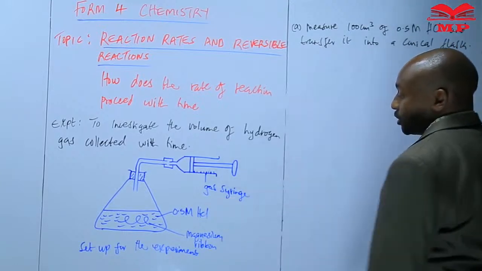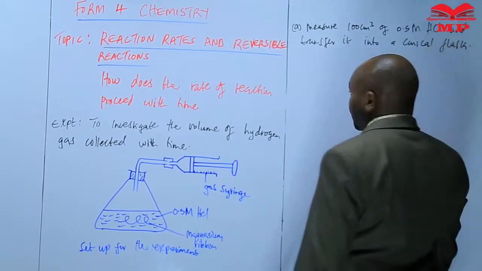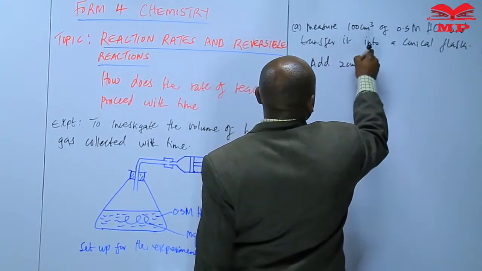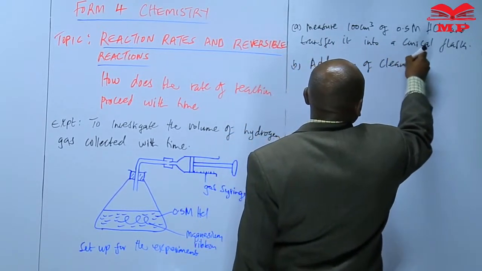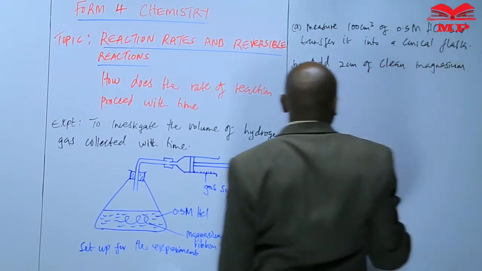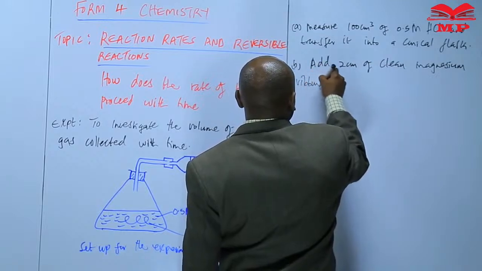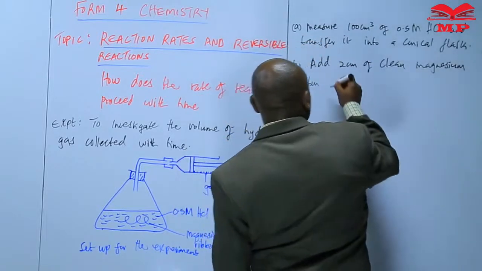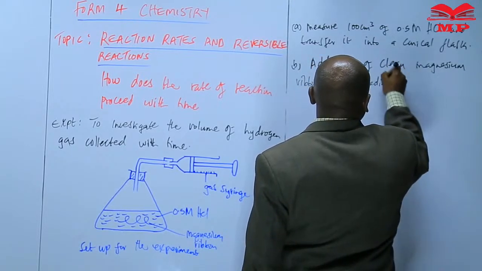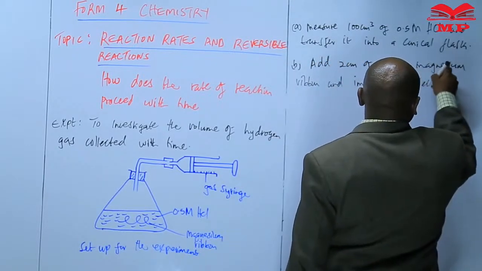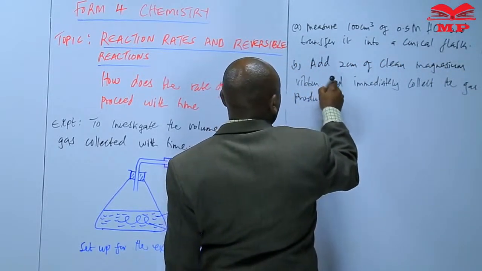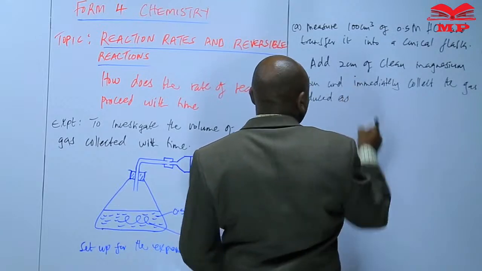Then we add 2 centimeters of clean magnesium ribbon and immediately collect the gas produced as shown in the setup.